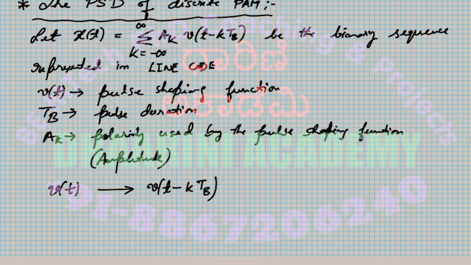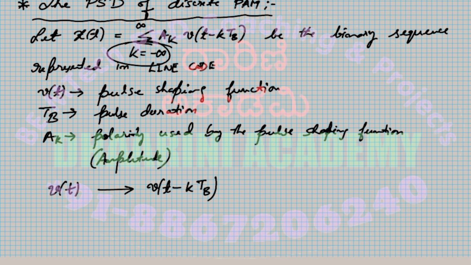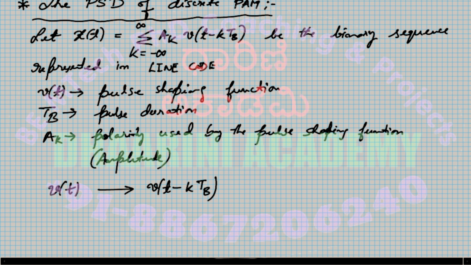T_b is positive, so this is shifting depending upon the k value. Whenever k is negative, this becomes t plus something, so that is a left shift. If k is positive, I'm getting t minus something, which is a right shift.